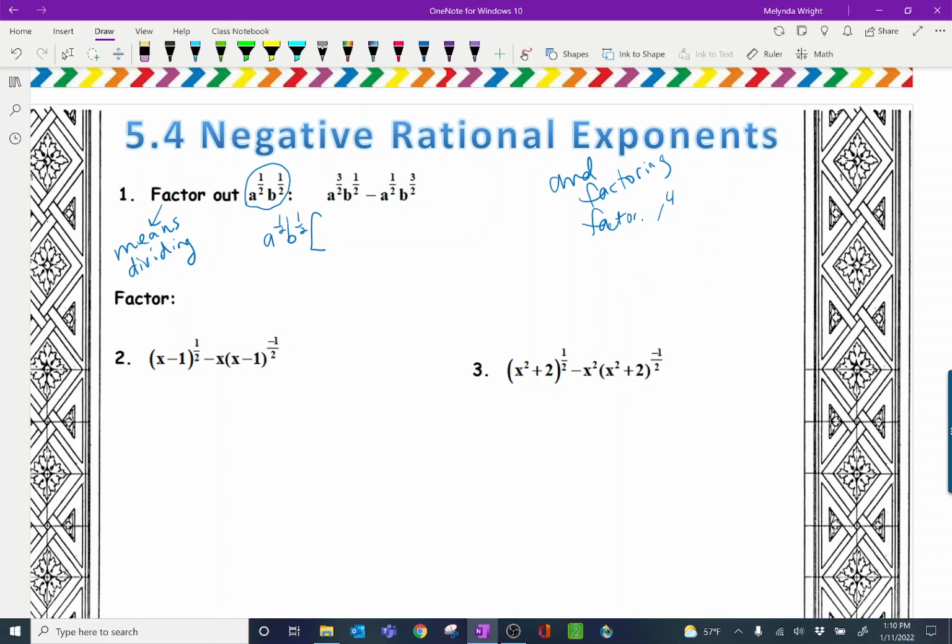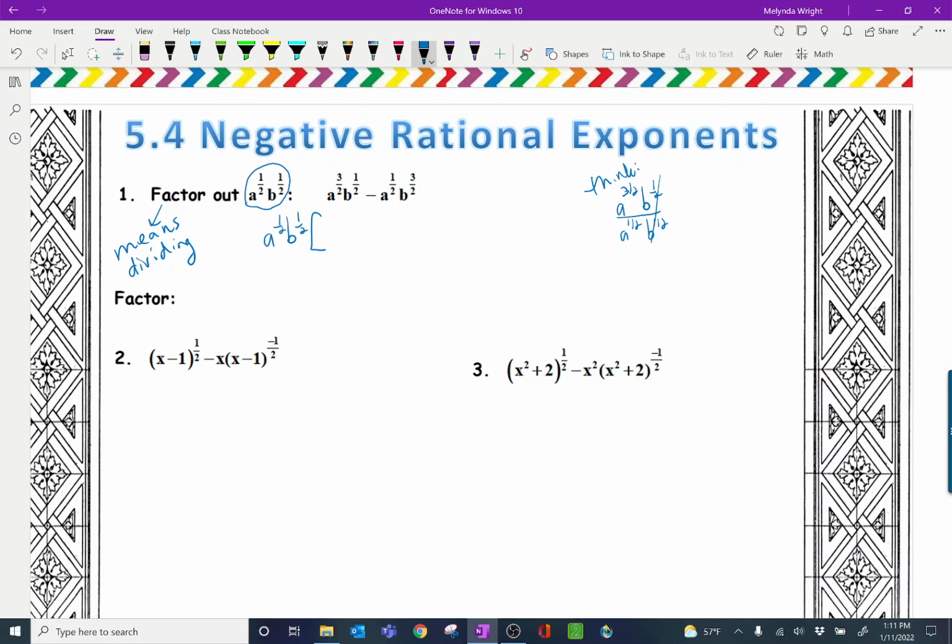Let's get rid of this so I have some room. Let's do some thinking over here. Now you don't have to write the thinking part out. It's just up to you. So let's think through this. We want to take the a to the 3/2, b to the 1/2 and divide it by a to the 1/2, b to the 1/2. We see that those go away.